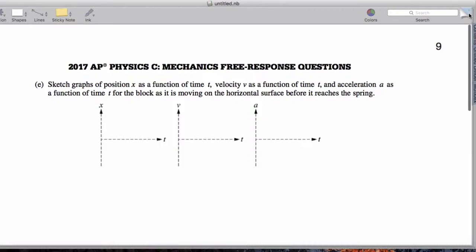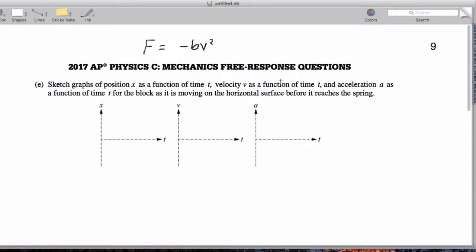Now for part E, it's important that we actually take a look at what's going on in terms of the forces. So just keeping this simple, let's just note here that in this problem, the force is negative beta v squared.